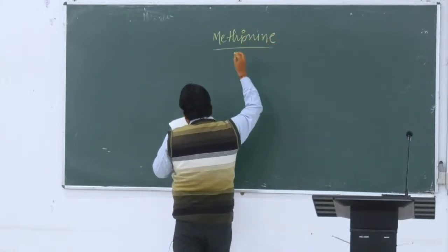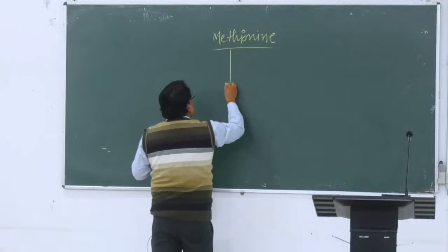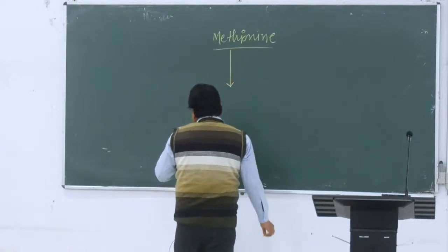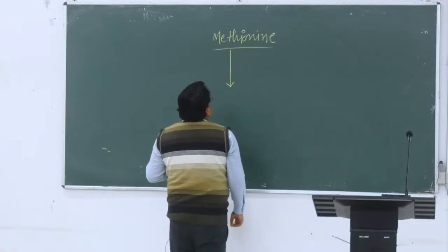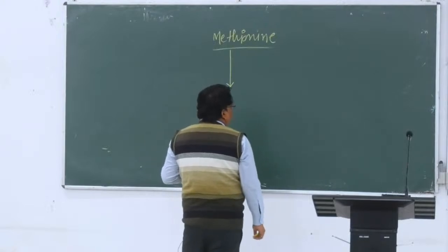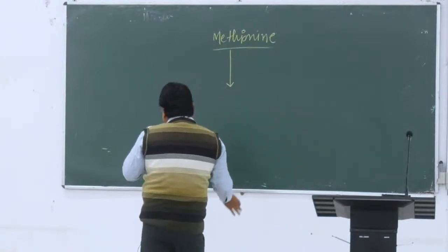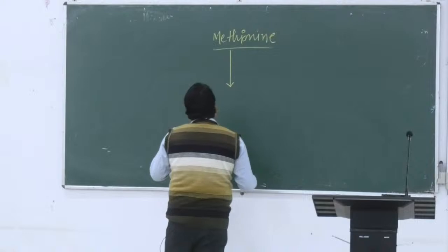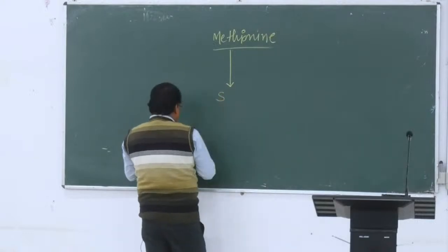Methionine performs reactions of transmethylation, that means transfer of methyl group and formation of SAM.